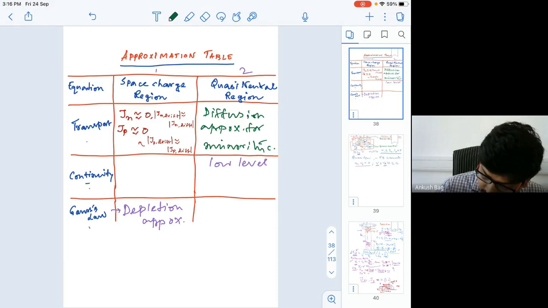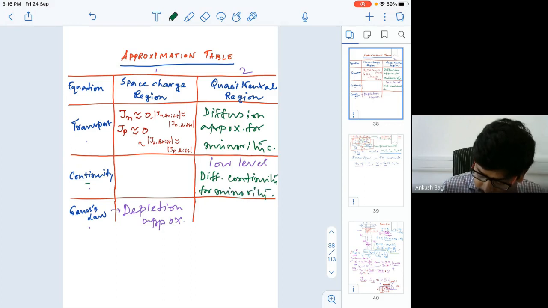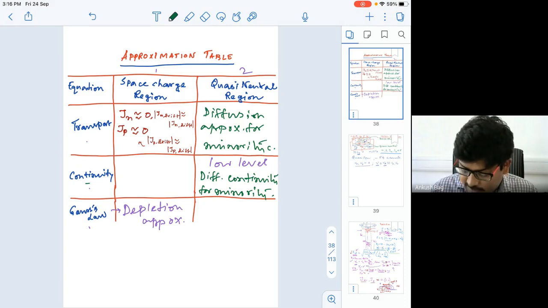So here also we'll write this approximation. This is also the diffusion continuity for minority carrier. So these are the assumptions.